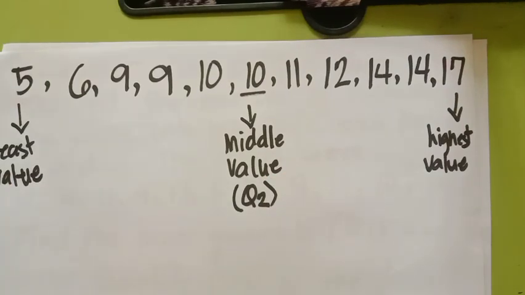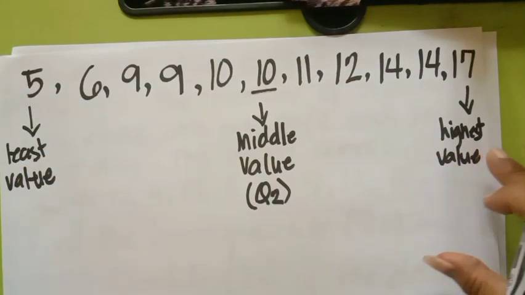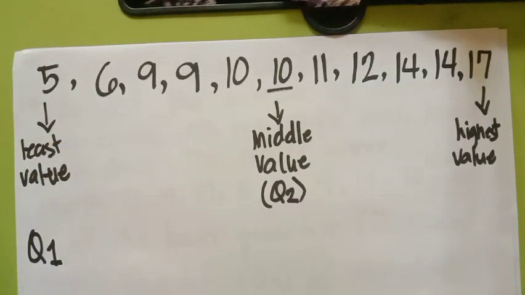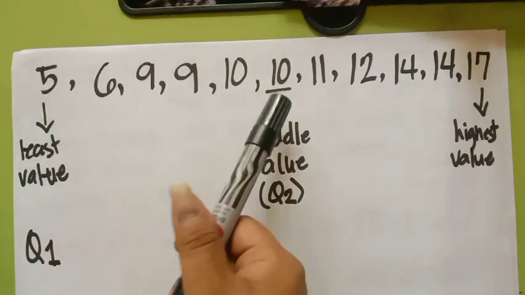Next, so meron na tayong least value, meron na tayong highest value, meron na tayong middle value. After that, let us determine Q1 or quartile 1. So, how do we determine quartile 1 or the lower quartile? Q1 or lower quartile is the middle value between the least value and Q2.